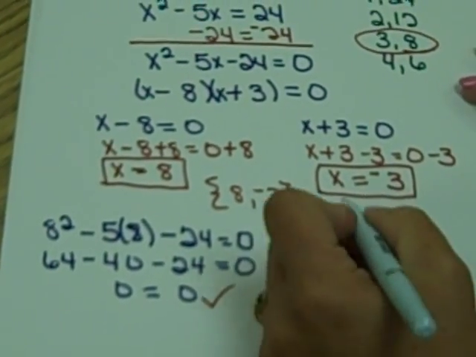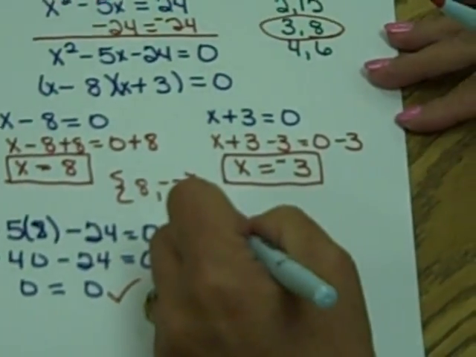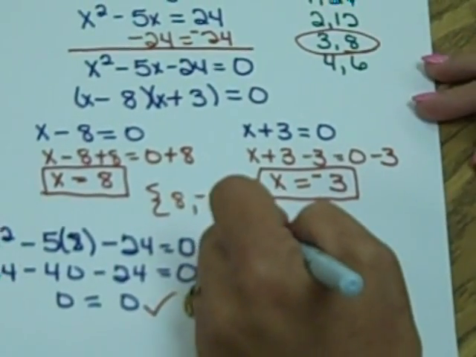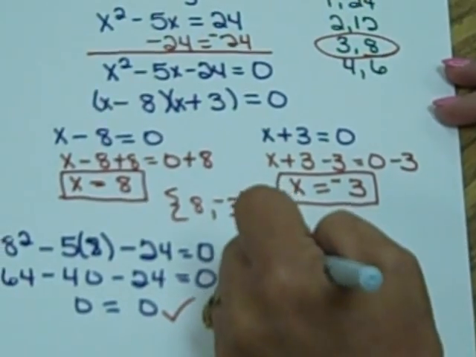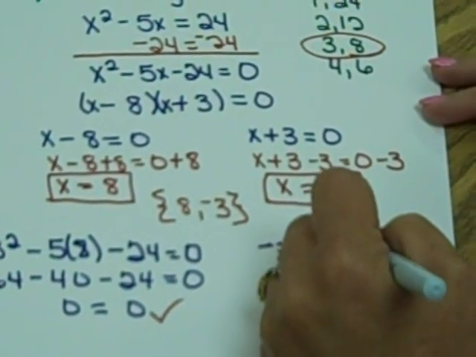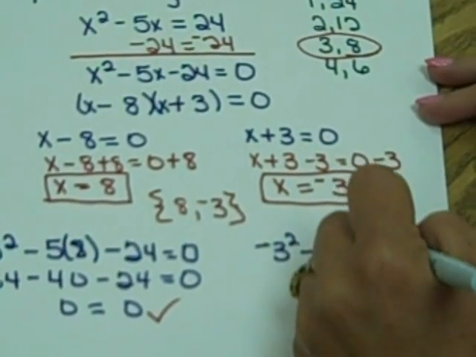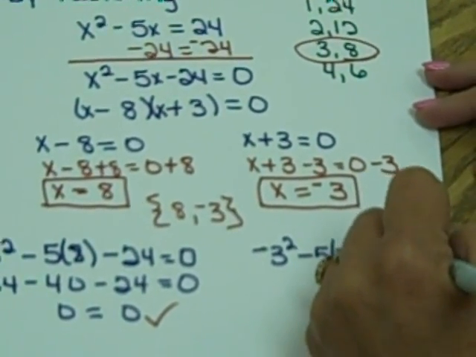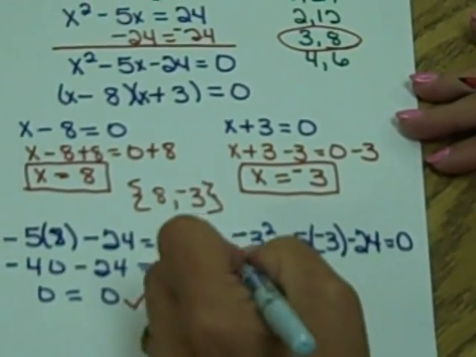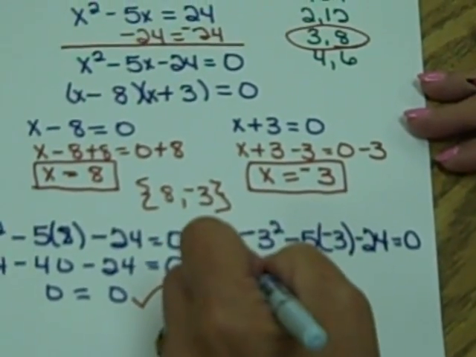And for our last solution, we have negative 3 squared minus 5 times negative 3 minus 24 equals 0. Negative 3 squared is 9.